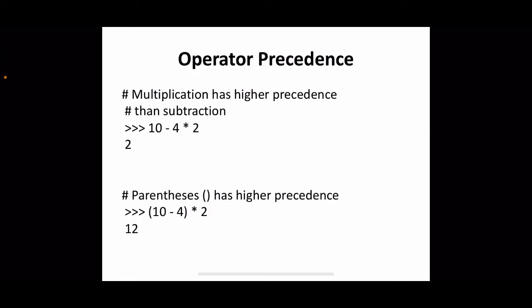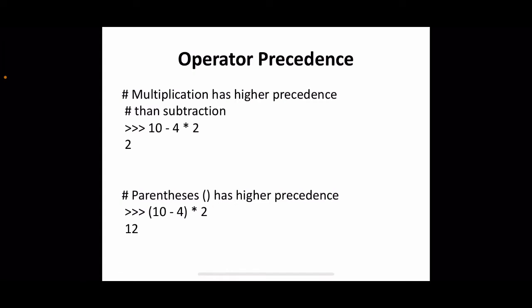So you can see here multiplication has higher precedence. So if we are applying this 10 minus 4 into 2, it should be evaluated to 2. First this should be applied, right? 4 into 2, 8. Then 10 minus 8, it should be 2.